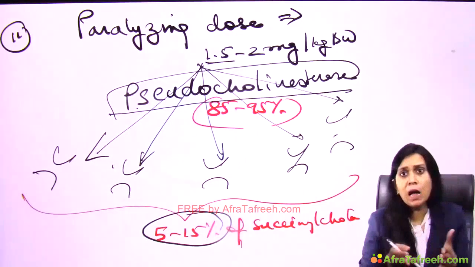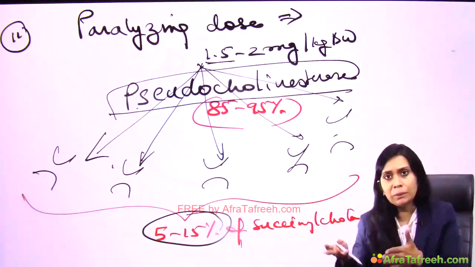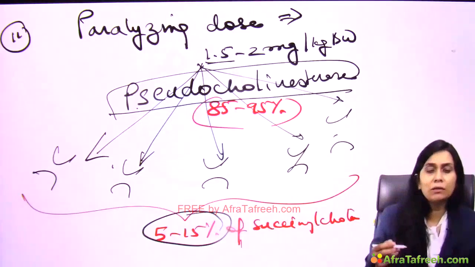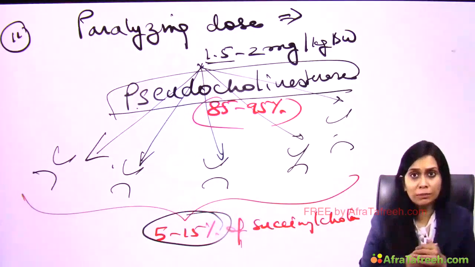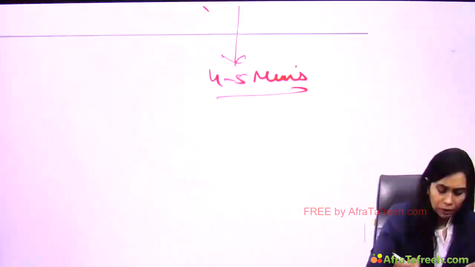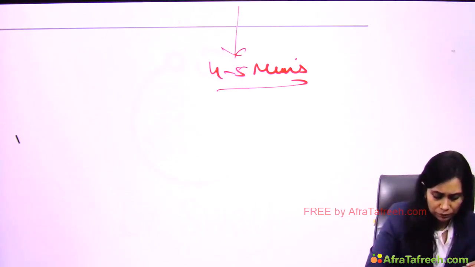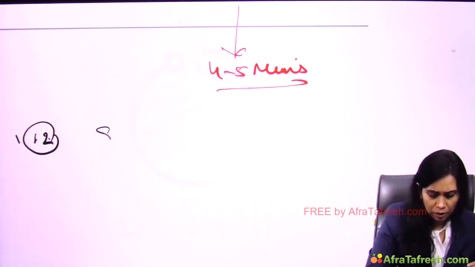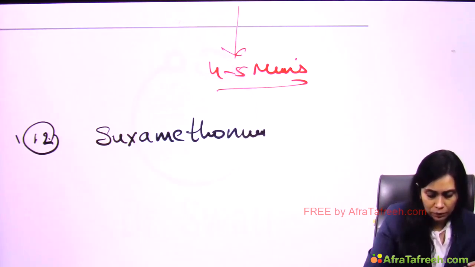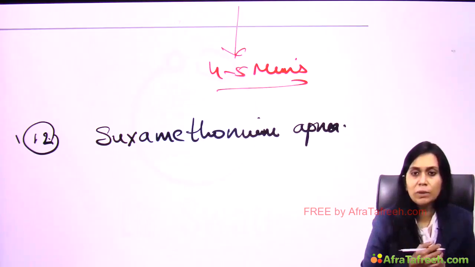Depending on what amount survives, 20%, 30%, 40%, 80%, we get a paralysis for that long period of time. This condition has been given a special name. This is called succinylcholine apnea.